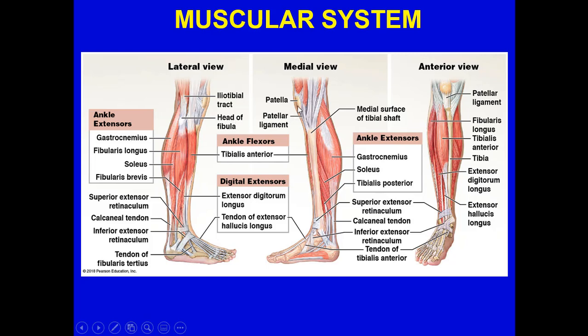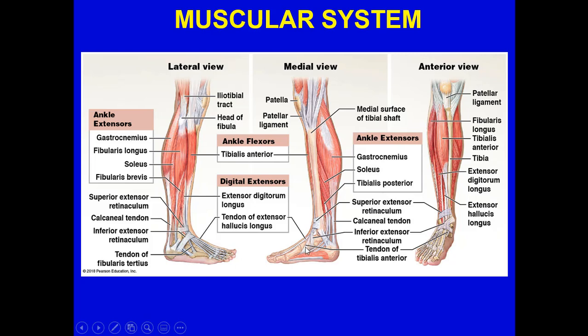Of course, you've got the patella and the patellar ligament. You can see this is the medial surface of the tibial shaft. Ankle extensors: we're going to have the gastrocnemius play a role, the soleus, the tibialis posterior right here. And then we have, of course, the superior extensor retinaculum and the inferior extensor retinaculum.